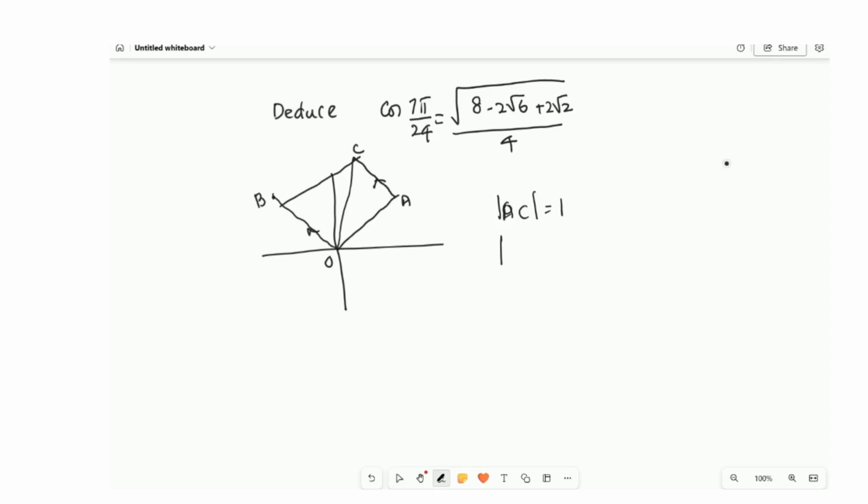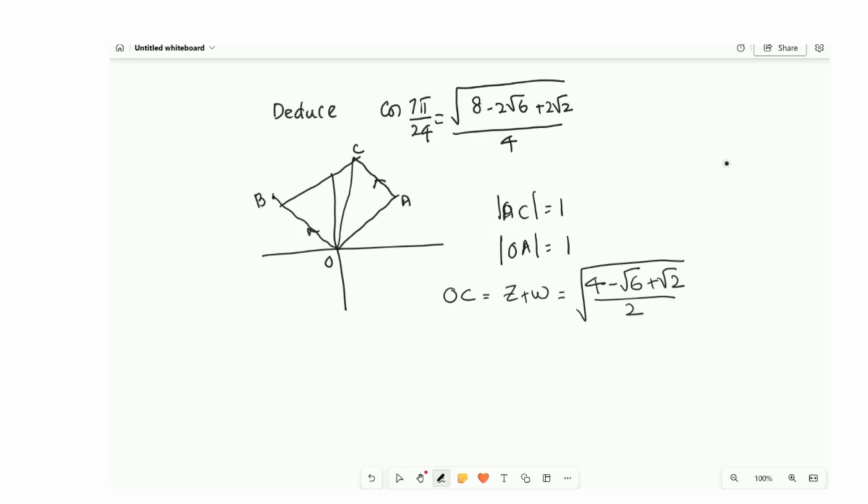The magnitude of OA, which is Z, is also 1. OC represents the complex number Z plus W. The magnitude of Z plus W, we have already found, is equal to square root of 4 minus square root of 6 plus square root of 2 divided by 2.